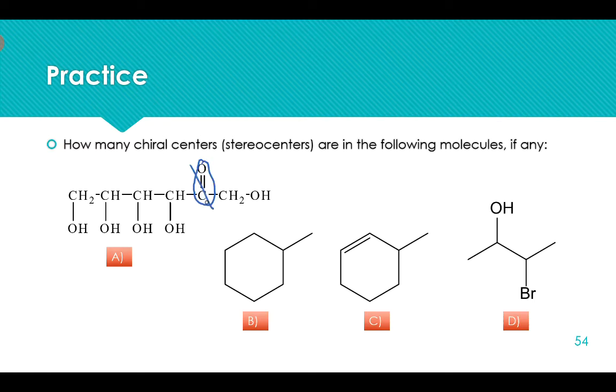And so this one is definitely not a chiral center because it has a double bond, which will not allow it to have 4 different groups. We can also immediately eliminate anything with 2 hydrogens on it, because if it has 2 hydrogens on it, then it's definitely not chiral.